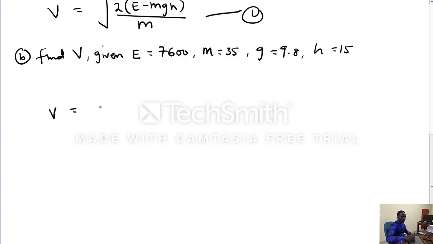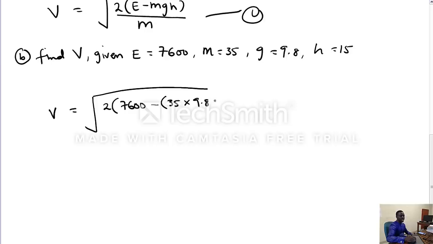of v, which is equal to square root of 2 into bracket E is 7,600 minus product of m is 35 times g, which is 9.8, times h, which is 15, to be divided by m, which is 35.